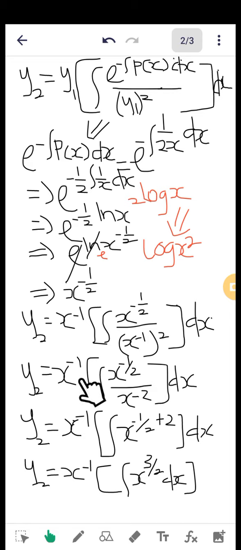My y2 now becomes x exponent minus 1. Then we know that this is of the same base. So when we have a function of the same base dividing, we will add their exponent. More or less, this is x exponent minus 1 times 2. So we are getting x exponent minus 2.